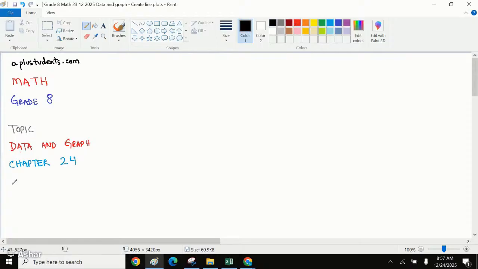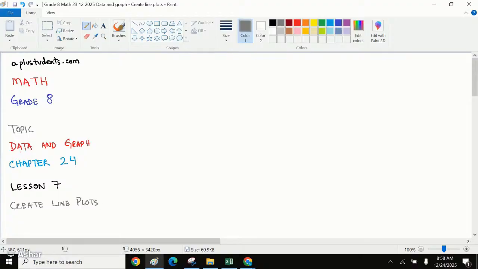The lesson number is 7. The name of the lesson is create line plots.